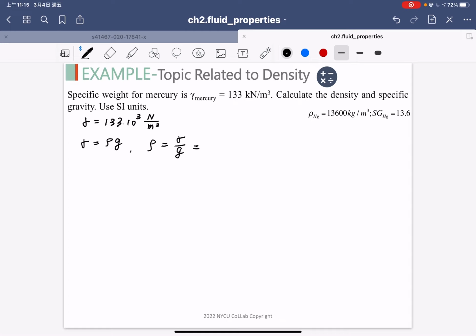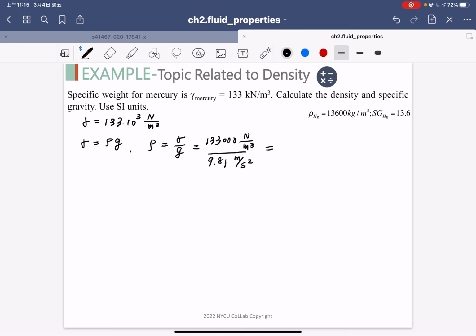So the first one is very easy. You just have 133,000 newton per cubic meter divided by the gravity constant 9.81 meter per second squared, and then you have the density.